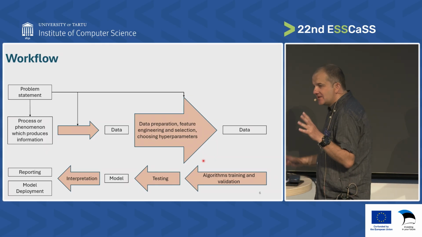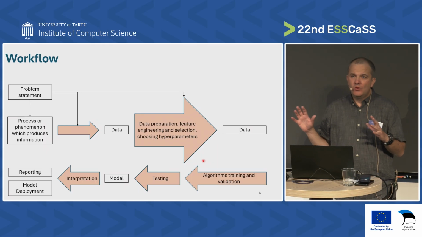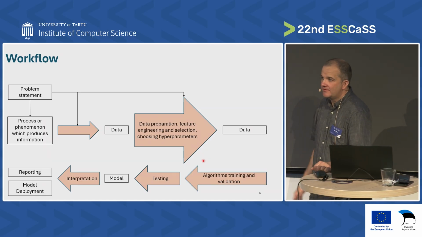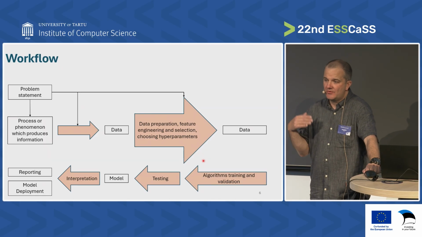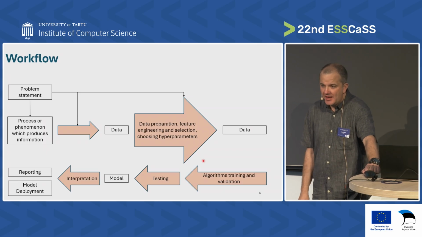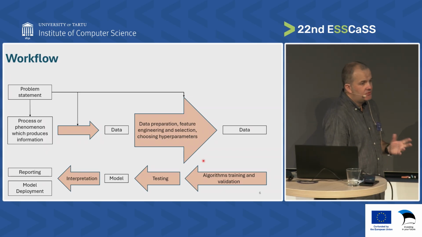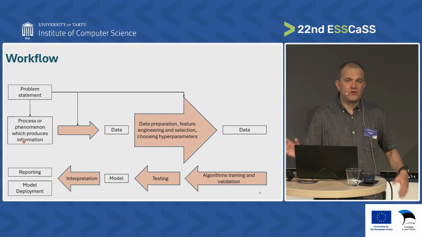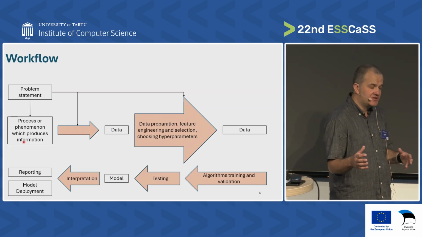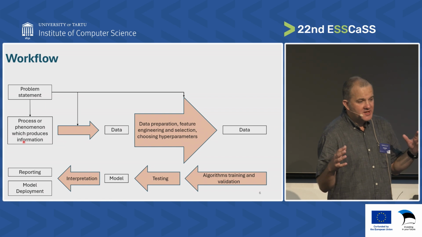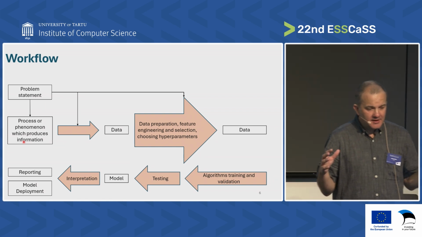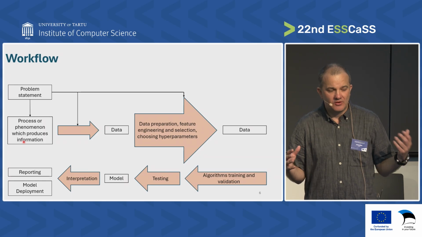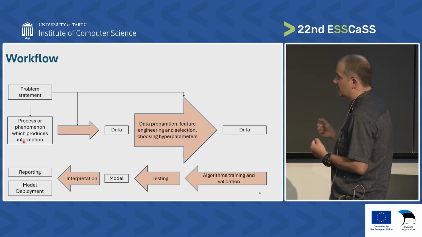And of course, this is my view on the workflow, how I tailored it for myself during many years of working in this area. So first of all, we have two very important components. It's the process or phenomenon which we study, and during this process or phenomenon, we assume that some information may be gathered or is given.